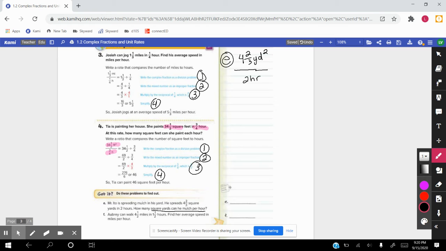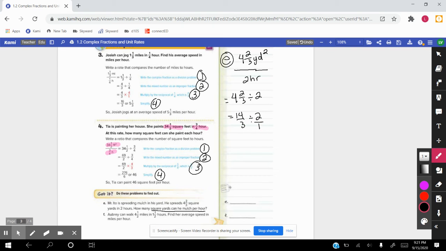So going back and checking out my steps, my first one is to write the complex fraction as a division problem. So 4 2/3 divided by 2. Okay. And step number 2 is to write the mixed number as an improper fraction. So I need to change 4 2/3 into an improper fraction. 4 times 3 is 12, plus 2 is 14. So that's 14/3 divided by 2.